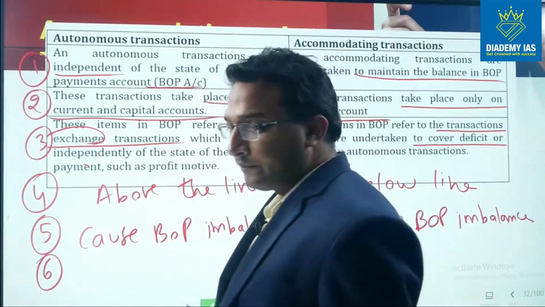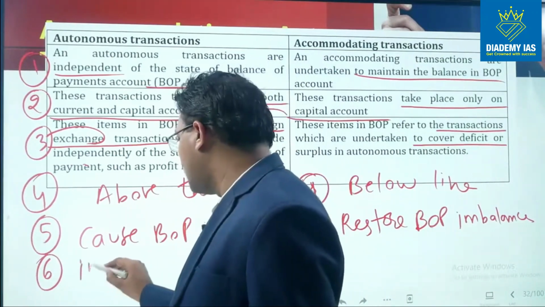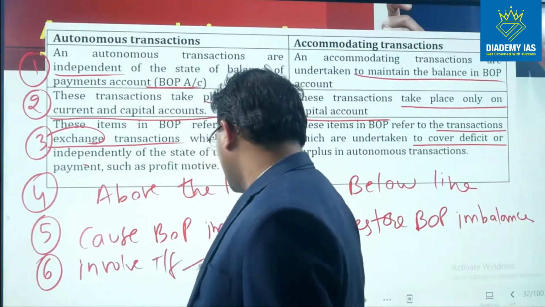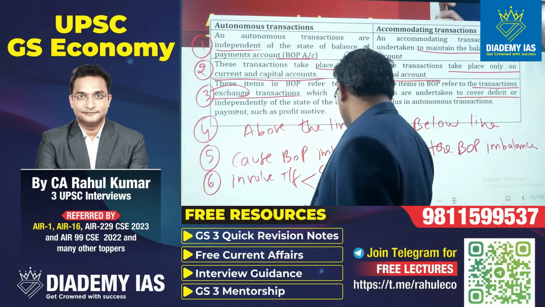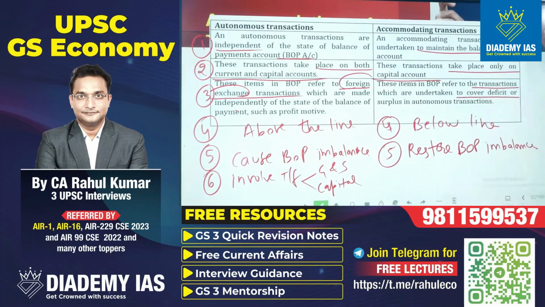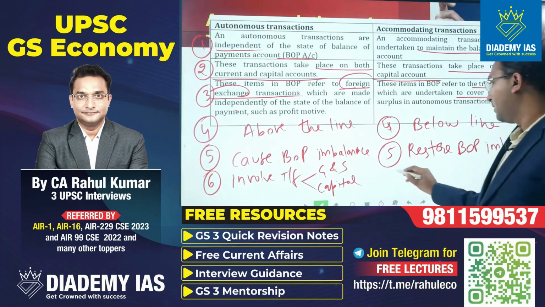Autonomous transaction, they involve transfer of goods and services and capital. They involve transfer of goods and services and capital across the border.